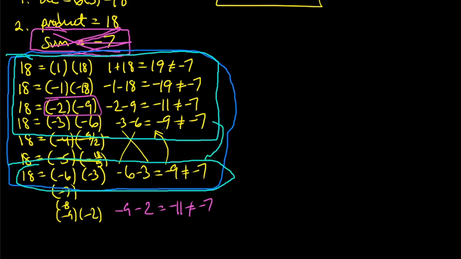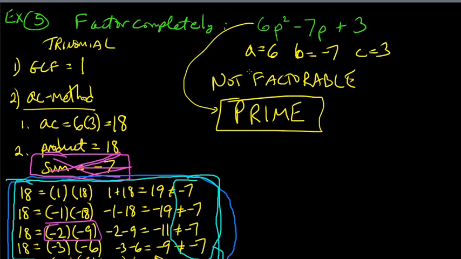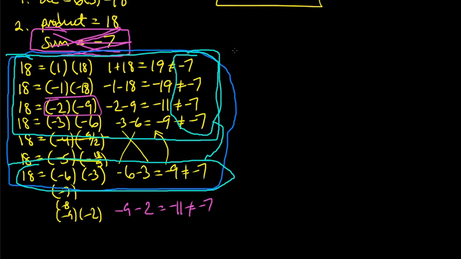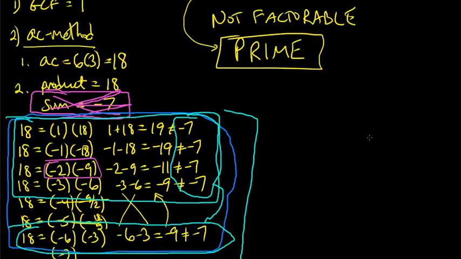So once you exhaust all the possibilities, all the combinations of two numbers that multiply to 18, if none of them add to negative 7, then your conclusion is that it's prime. Got it? So yep, you got to show your work. You got to show all these to establish that it's prime. Okay? All right, next one.